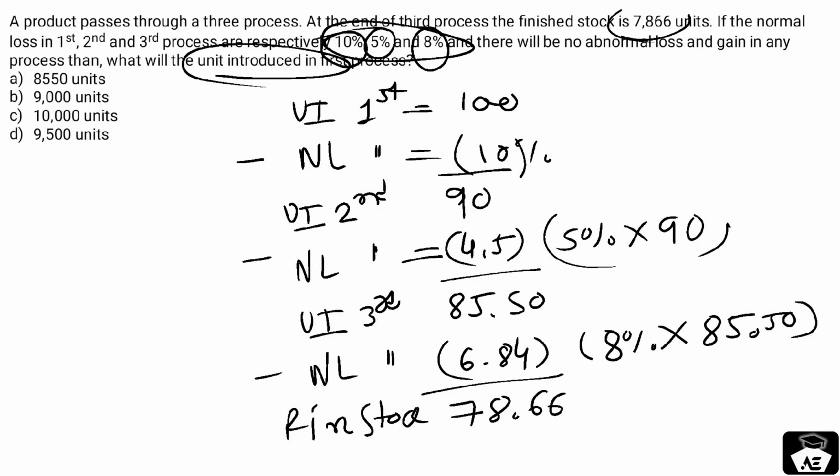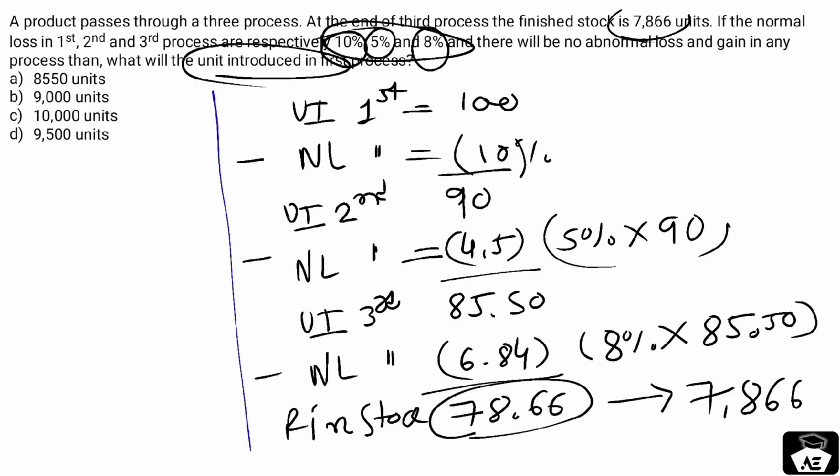So you have the value as well as percentage. Your percentage of finished stock is 78.66 and you have the unit, that is 7,866. Now you can easily find the unit introduced in first process. So on 78.66 your unit introduced are 7866.